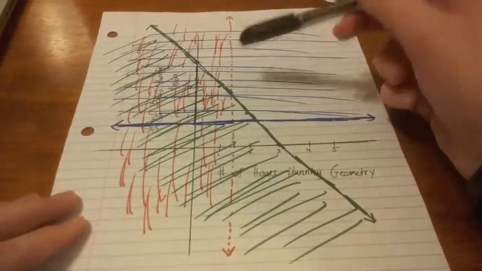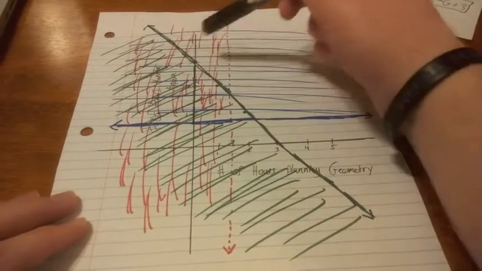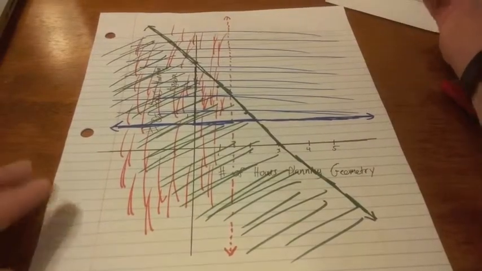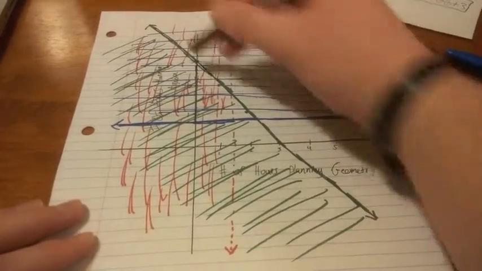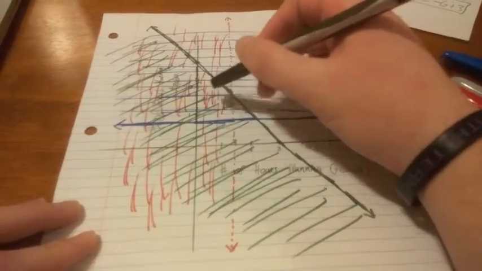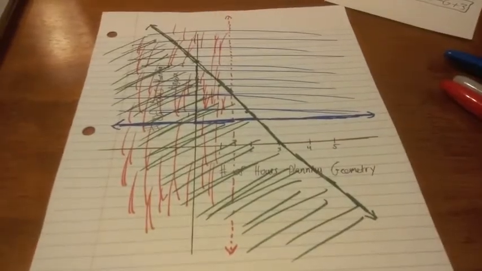Because we got shading coming vertically from my time just on algebra, coming this way from geometry, and then from this line here. So any solution I'm going to have is going to be within this mark here. So that's my solution.